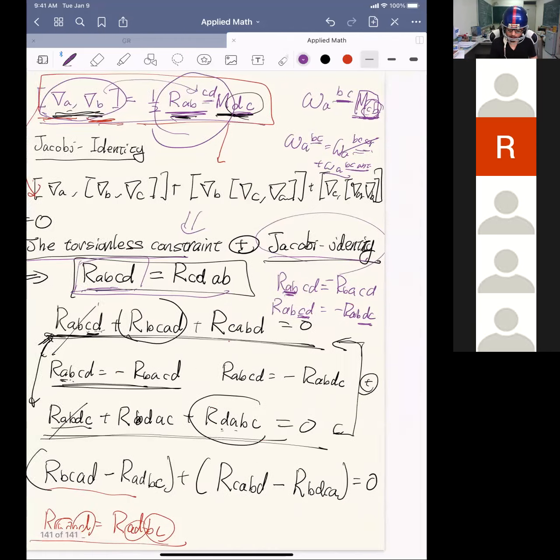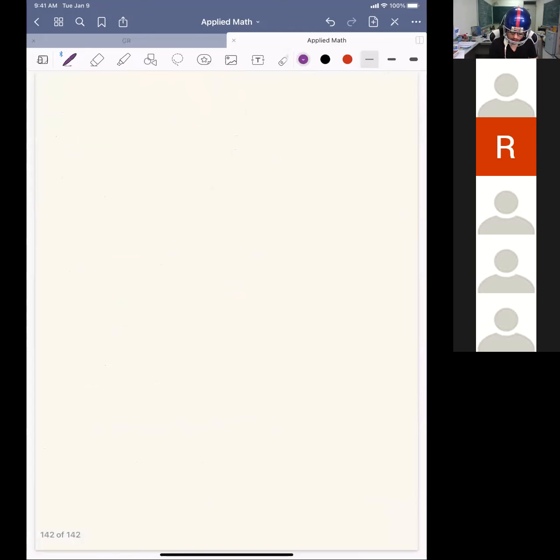So if I have X_AB times M_AB, and I know that M_AB is antisymmetric, then X_AB has to be antisymmetric as well. Let's say X_AB is not antisymmetric, just some random X_AB.